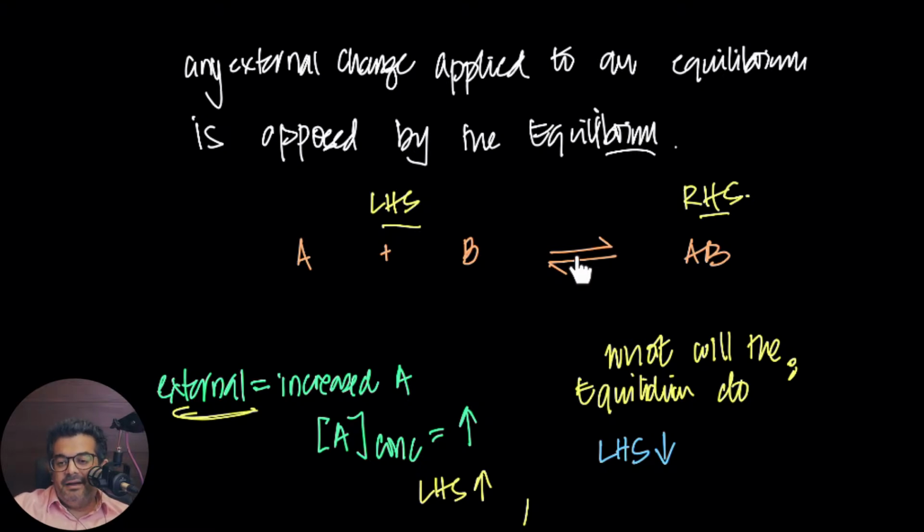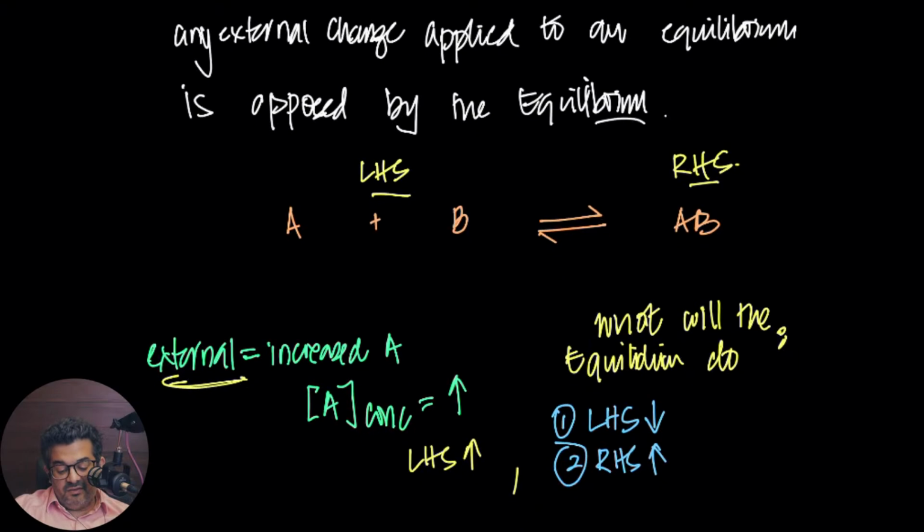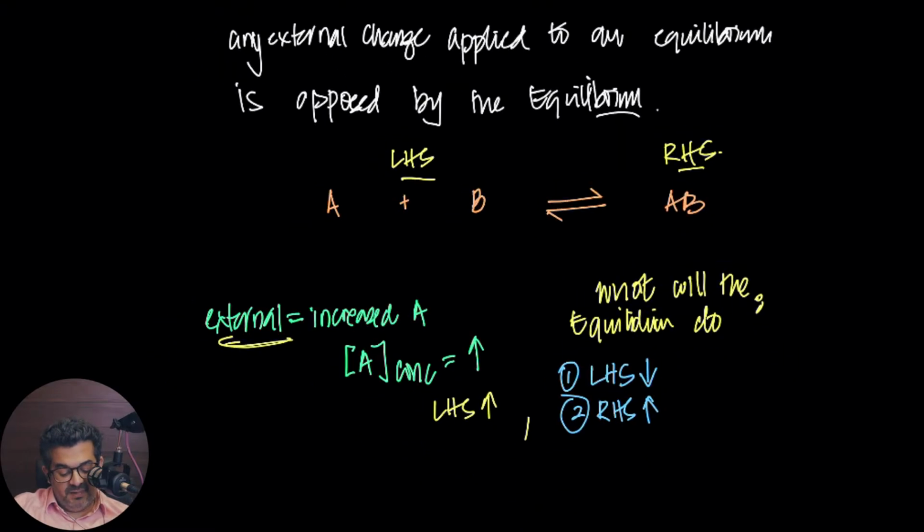But an equilibrium is not a human being. It can't throw out A. So the only thing it can do is shift left or right. So what it says is, I made A, I don't want A anymore, so I'll take this A and reduce it. The only way to reduce left hand side is to increase right hand side.